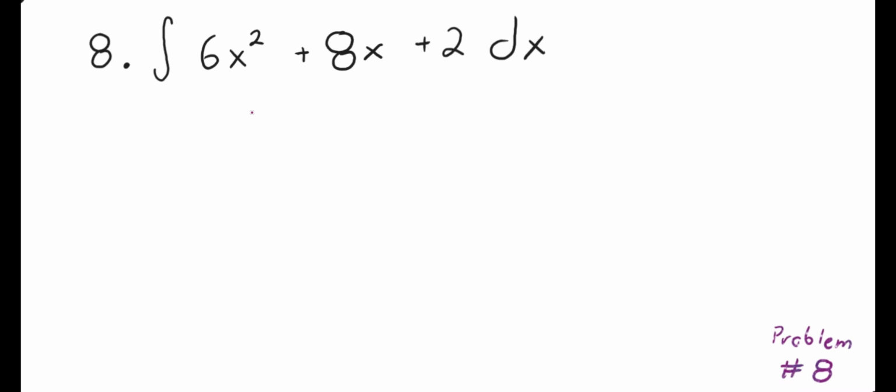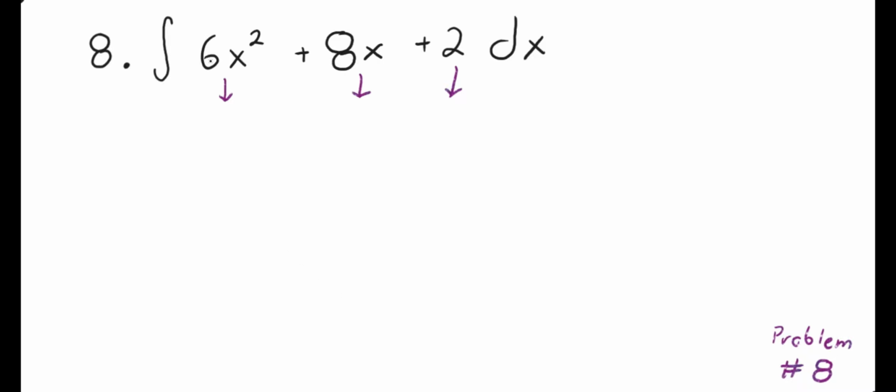So we've got to do the integration of 6x to the power of 2 plus 8x plus 2 dx. So let's get started. I'm just going to show these individually to show how to do the integration.